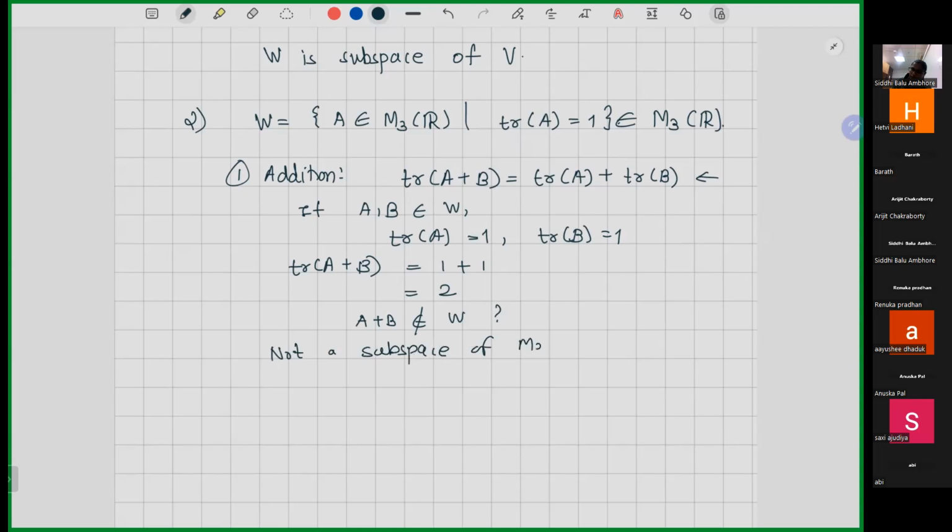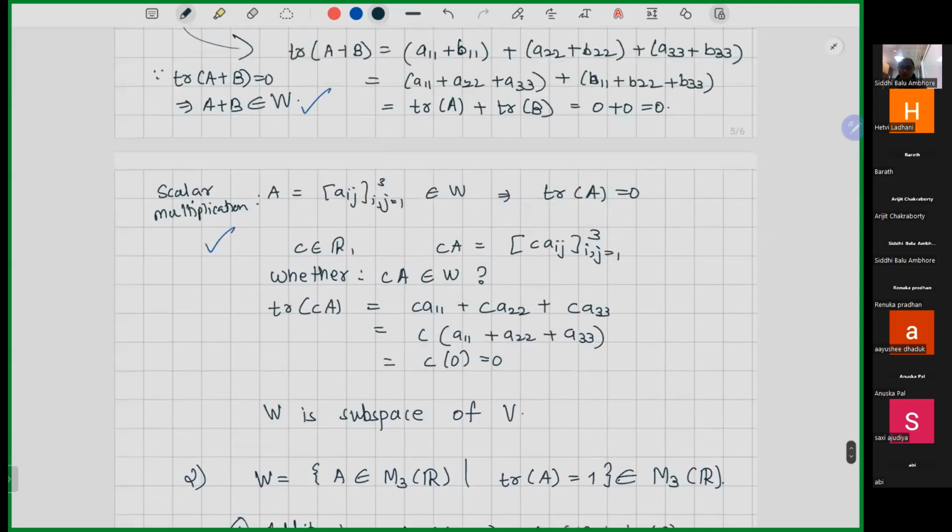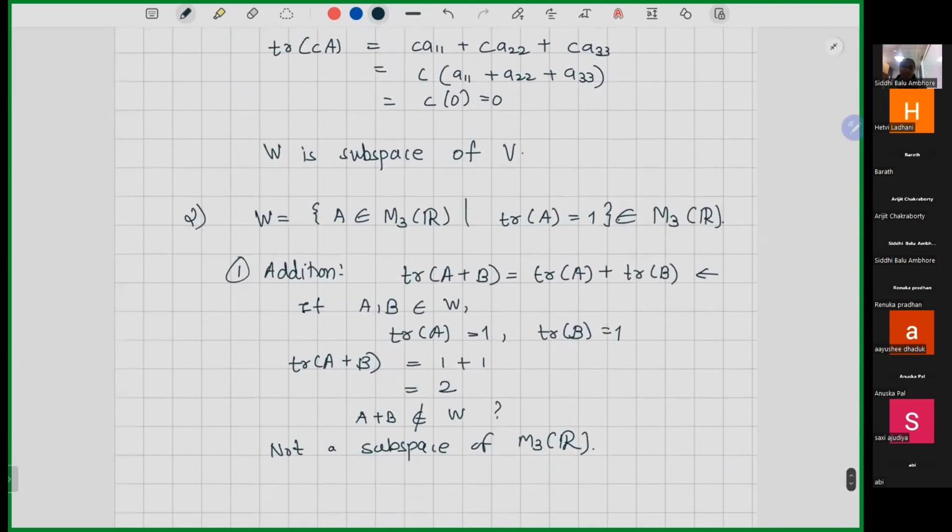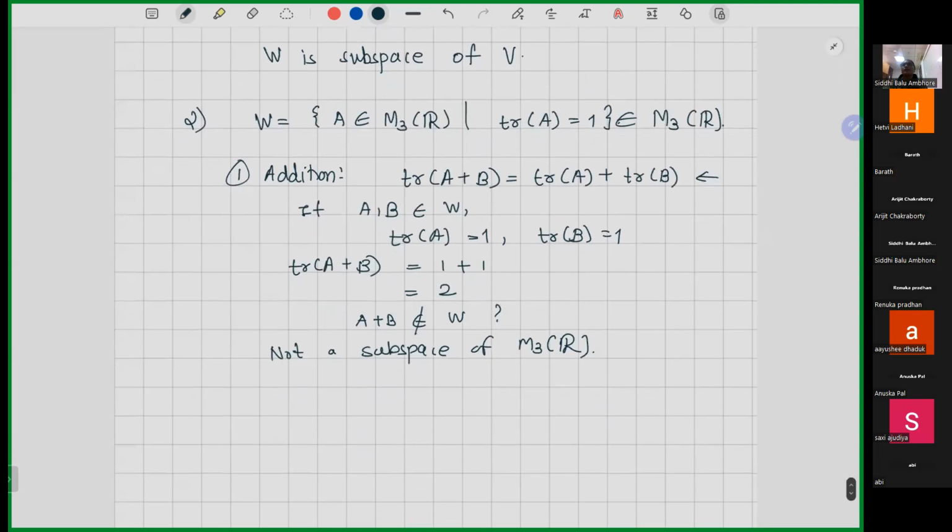of M3R. And even before going to the subspace condition, we can also check, as Arijit had said in the previous question, that the trace of 0 was 0, so his guess was it is a vector subspace. So we can do that also here.